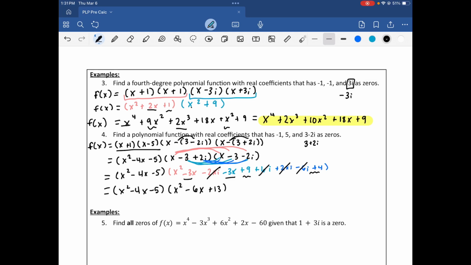Okay, one more time, FOIL all those together. So I've got my first times my first, x to the 4th.